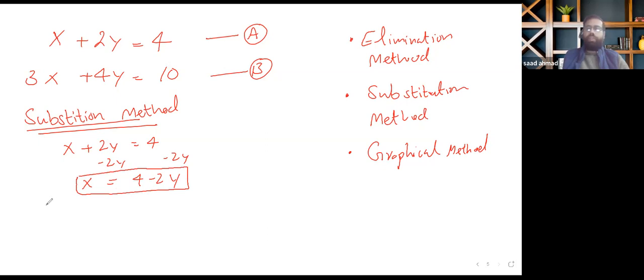Now we substitute into B. Okay, substitute the x value into equation B. So 3 into 4 minus 2y plus 4y equals 10.